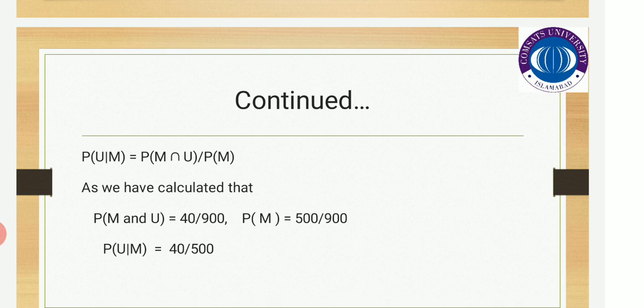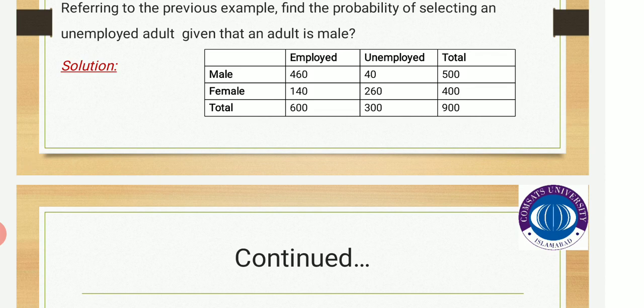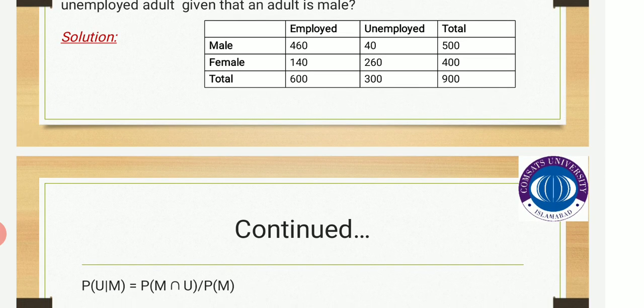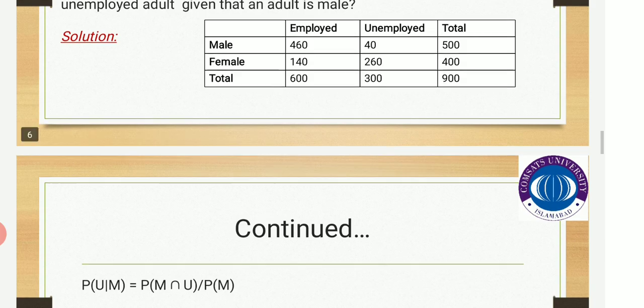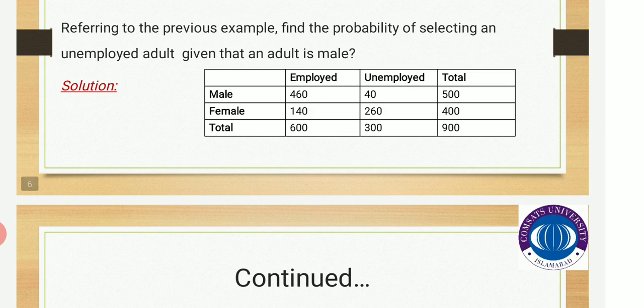We have already calculated in previous slides that probability M and U is equal to 40 by 900. As you can see from this table again, the persons who are male as well as unemployed are 40, and the total number of individuals is 900, and the individuals who are male in this data are 500.